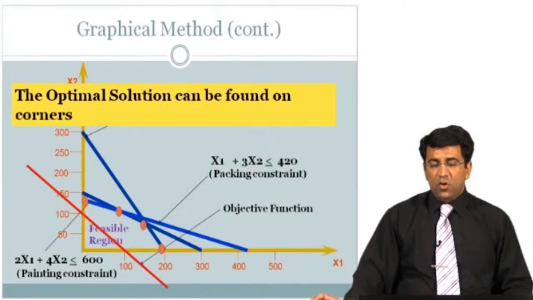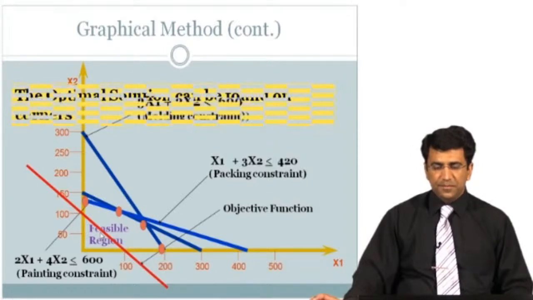So again the optimum solution can be found on corners, and it is said by that corner point method that we will always be able to find our optimum solution at any of the corner points.